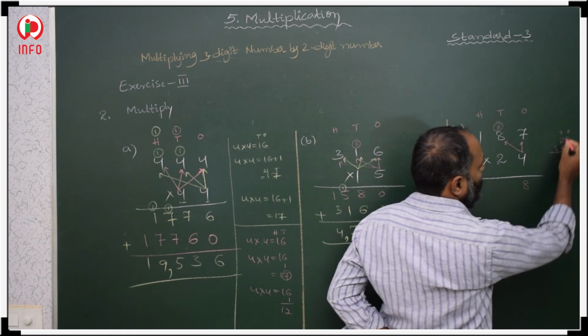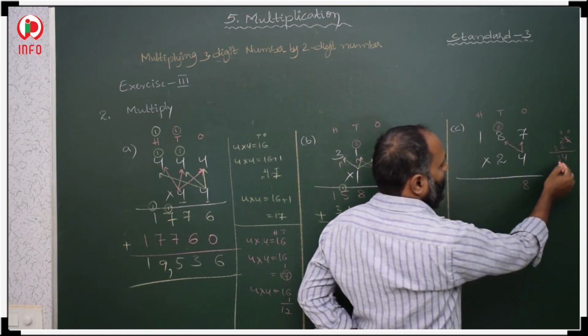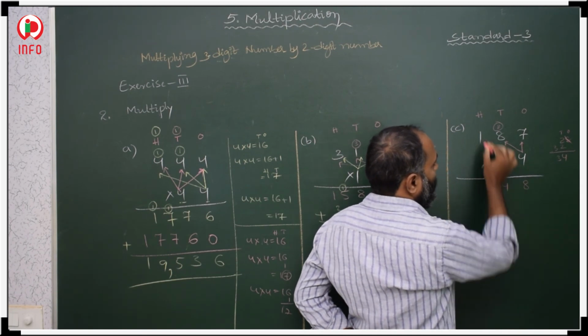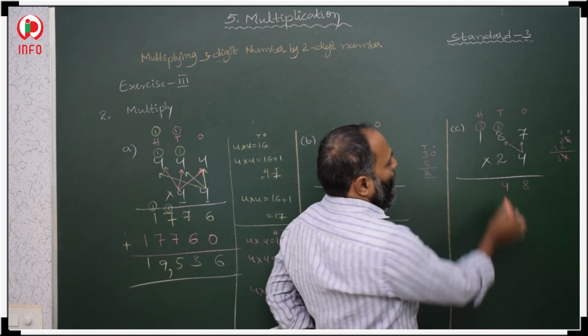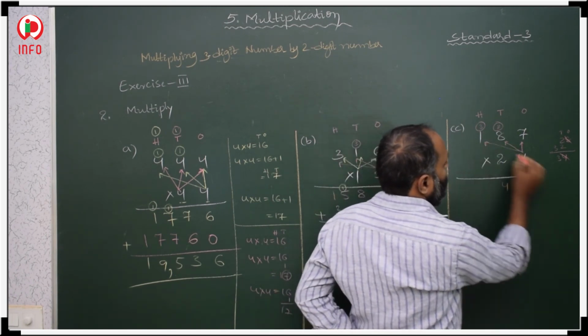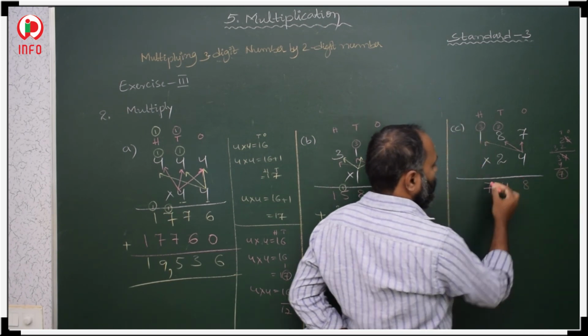Add this: 2 plus 2, 4. This you cut it. And 34, 4 here and 3 over here. 4 1s are 4. 4 plus 3, 7. This 7 you keep here.